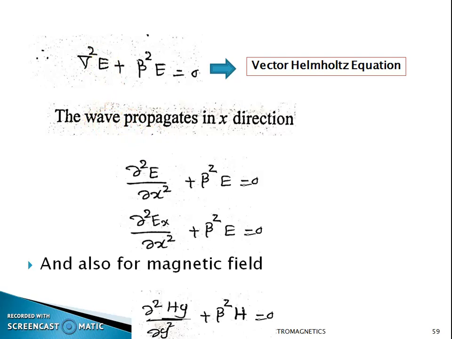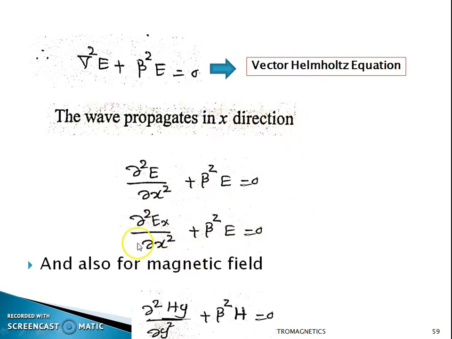So all other values, belonging to y and z axis, become 0. Then del square E consists only of the value through the x direction. So this can be written as dou square divided by dou x square of Ex plus beta square E is equal to 0. This is the electric field propagation in x direction.